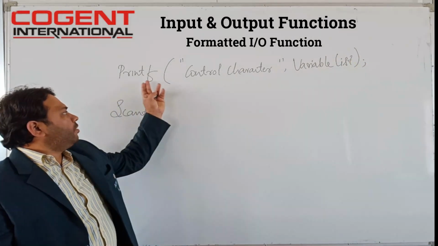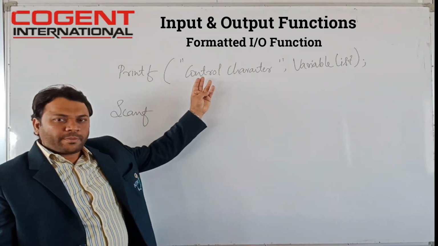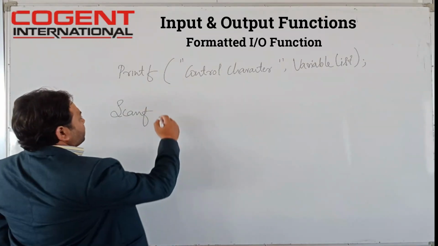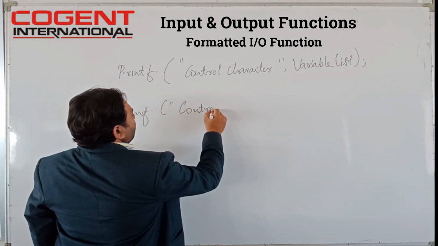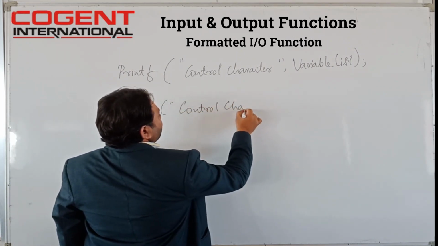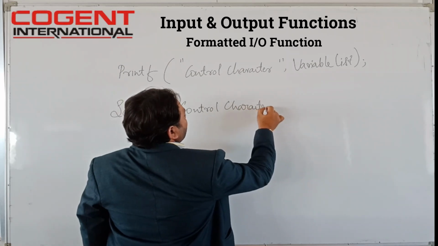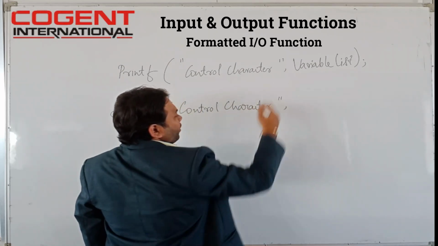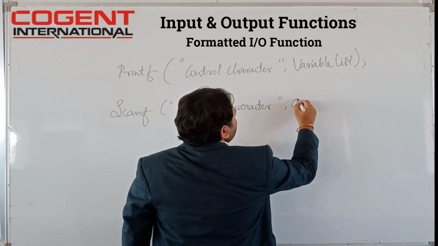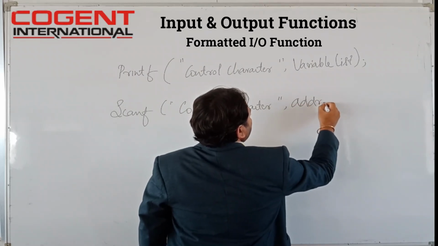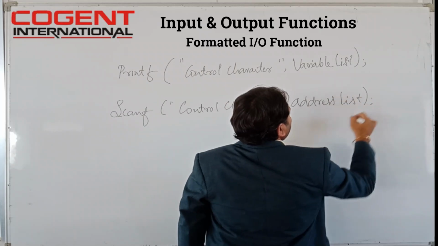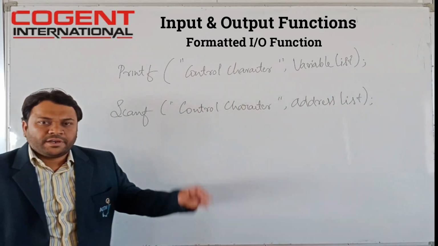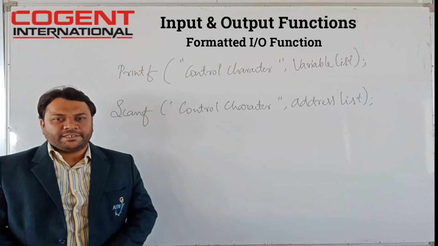So this is the format for the printf formatted IO function, and for scanf, control character, and instead of variable list here we have the address list. Now let us understand these two functions with examples.